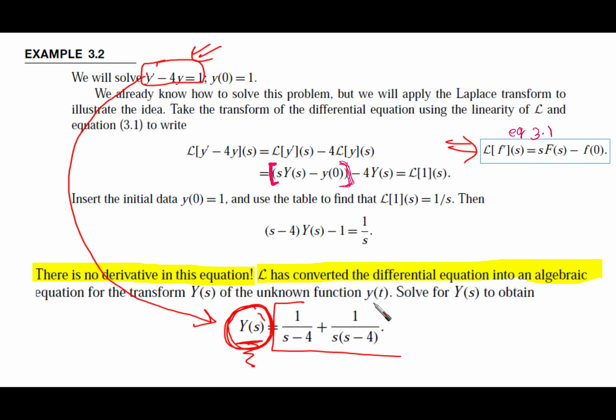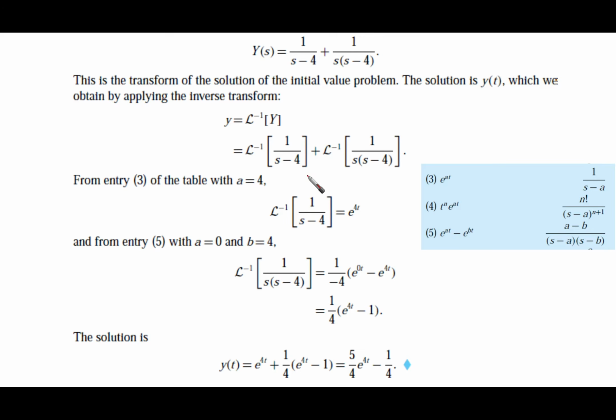And then using the table, we can look at the right hand side and take the inverse transform of the left hand side and the right hand side. Using the table, we can obtain the inverse of the first term, and this is the inverse of the second term.